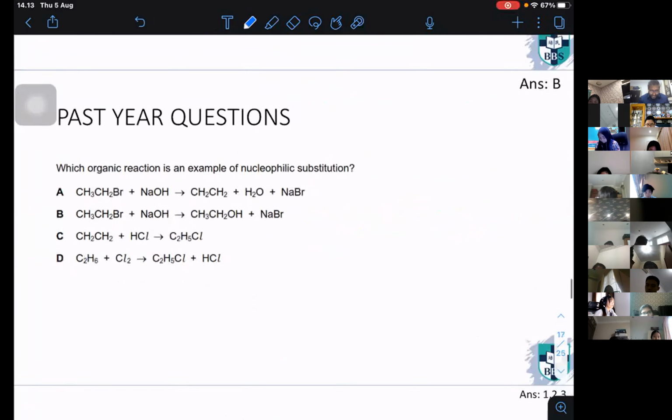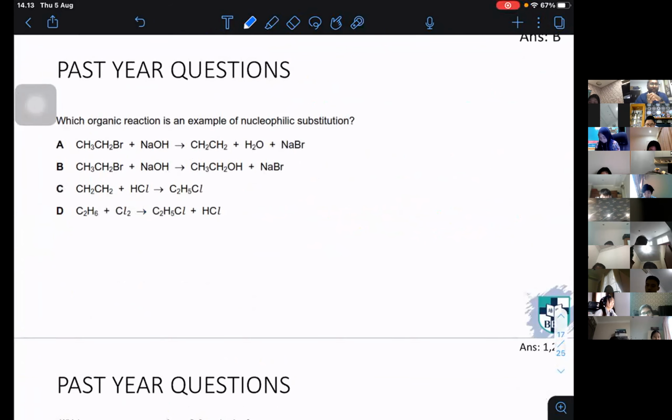So if they ask you to write equations, please take note. Checkpoint 5. Let's try past year questions. Which organic reaction is an example of nucleophilic substitution? The first thing, nucleophilic substitution is for alcohol and halogenoalkane. Not alcohol, not halogenoalkane, eliminate. Halogenoalkane, fine. Sodium hydroxide, fine. You have alcohol to give you alcohol, NaBr.